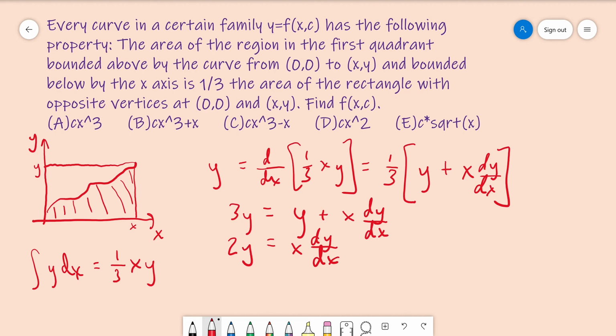And then if you multiply both sides by dx, divide both sides by x, and divide both sides by 2y, you get dx over x equals dy over 2y. So this is a separable equation. You see we got all the x's and dx's on one side and all the y's and dy's on the other side. And now all we have to do is integrate both sides.